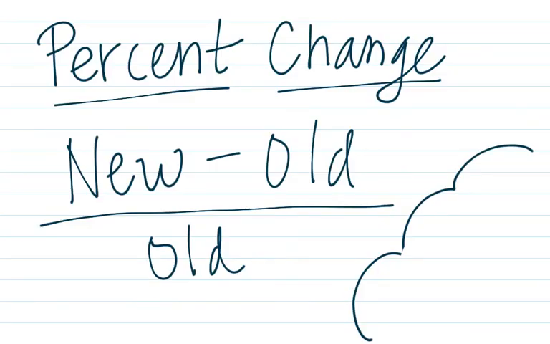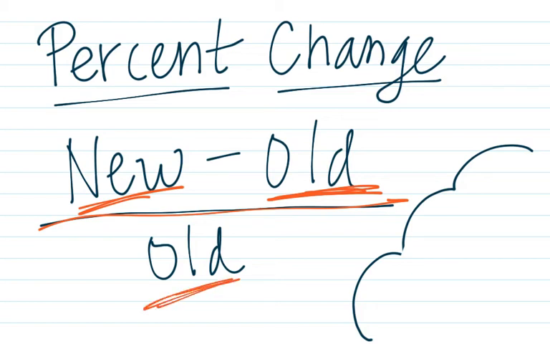Now the next thing we want to look at is percent change. When we have percent changes, what ends up happening is we take our new value, we subtract our old value or our original value, and then we divide that amount or that difference by the original old value.